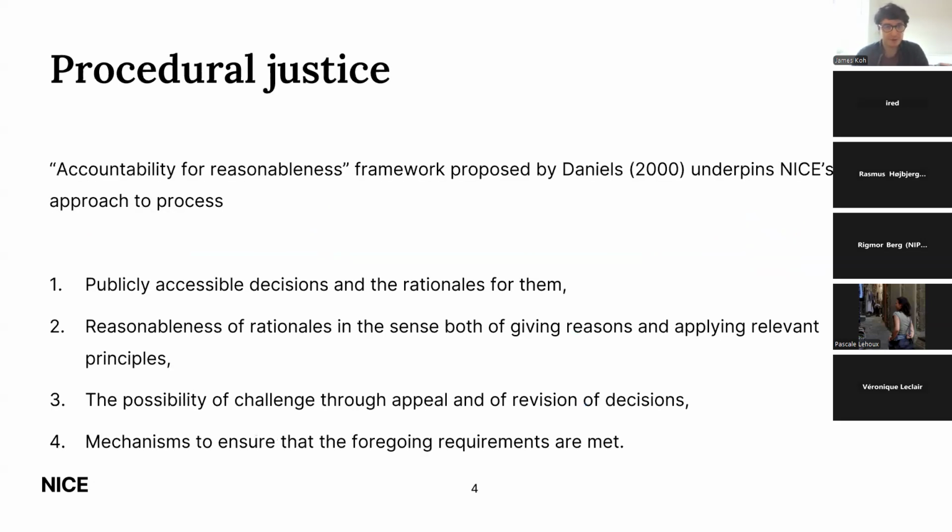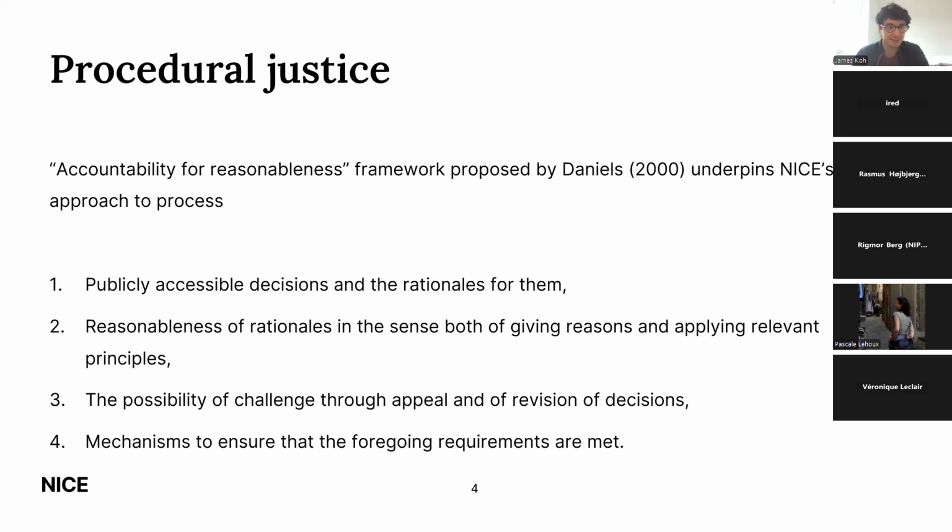Just very, very briefly on procedural justice, because this is not going to be the focus of the talk, I think a useful thing to understand about the way that NICE and quite a lot of other health technology assessment agencies operate is that a lot of their approach to conducting and publicizing their work and their processes is underpinned by this accountability for reasonableness framework that was proposed by Norman Daniels a good while ago.